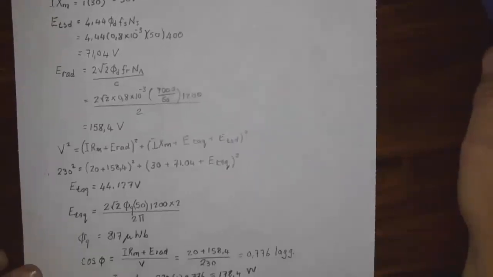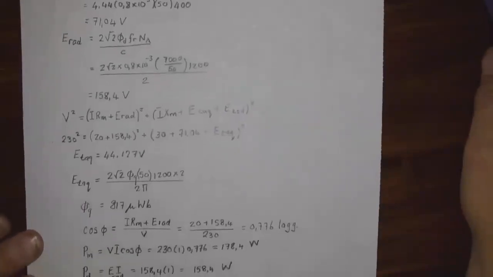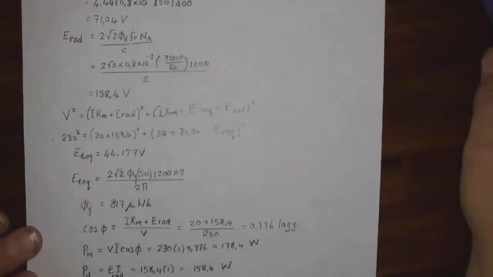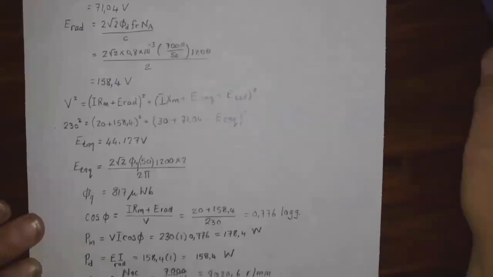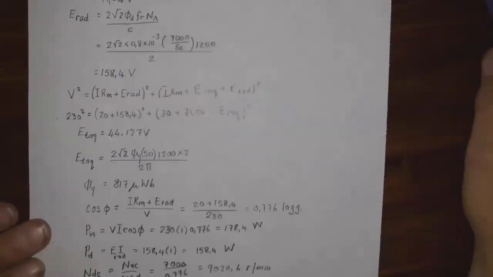That gives us 158.4 volts. And then V squared is (IRm plus E_rad) squared plus (IXm plus E_TAQ plus E_TSD) squared. And from that we calculate E_TAQ, and that comes to 44.127 volts.